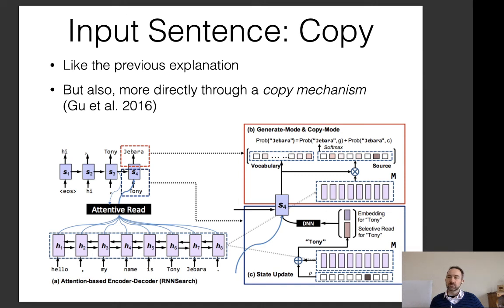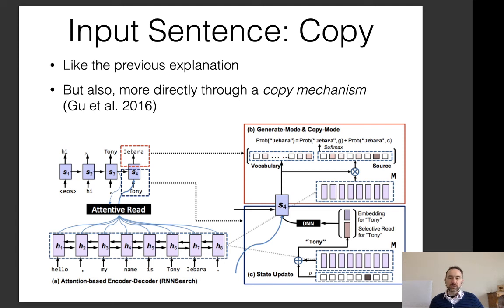Number one, if you're going to have an output that very often contains words in the input, it's much easier to copy them from the input directly than it is to hope your embeddings get in the right part of the space and generate the word you want to generate, as opposed to some other semantically similar word.